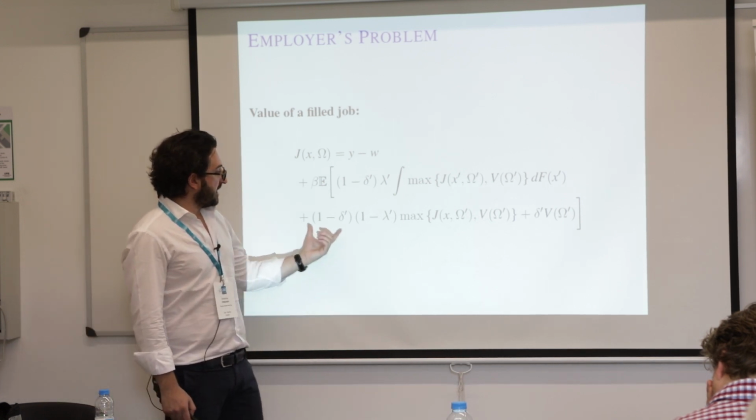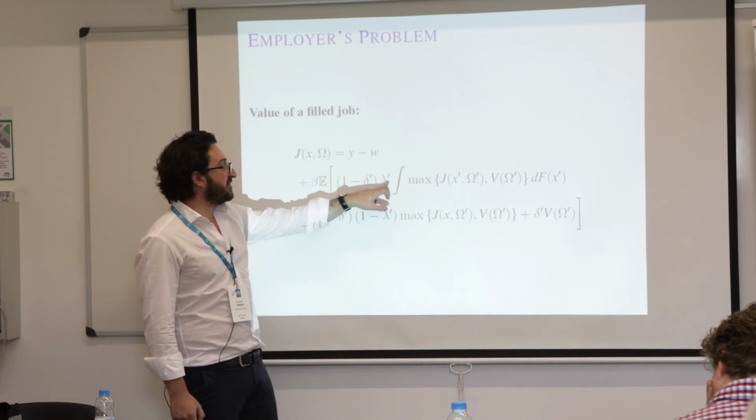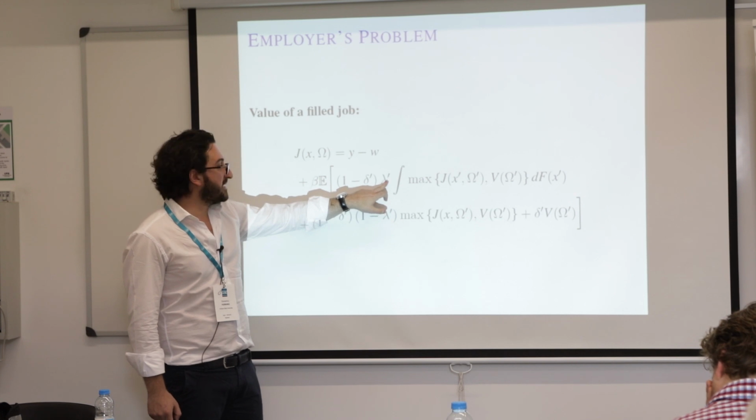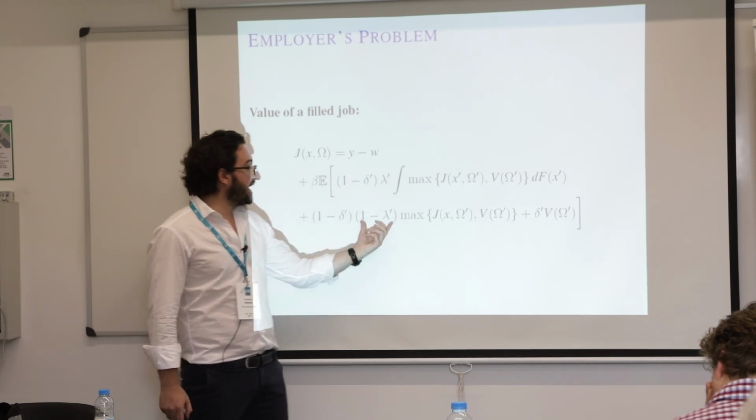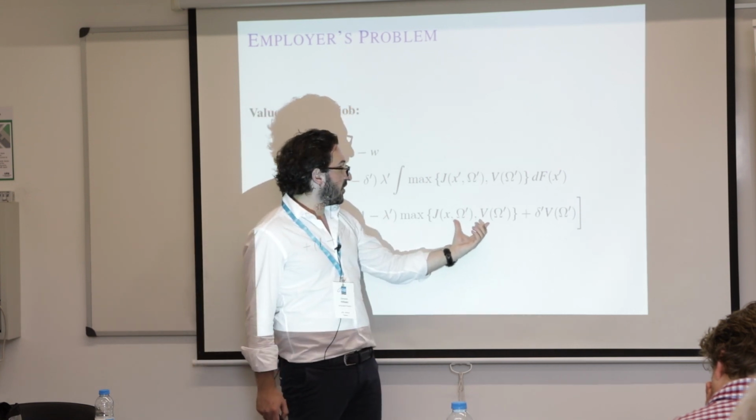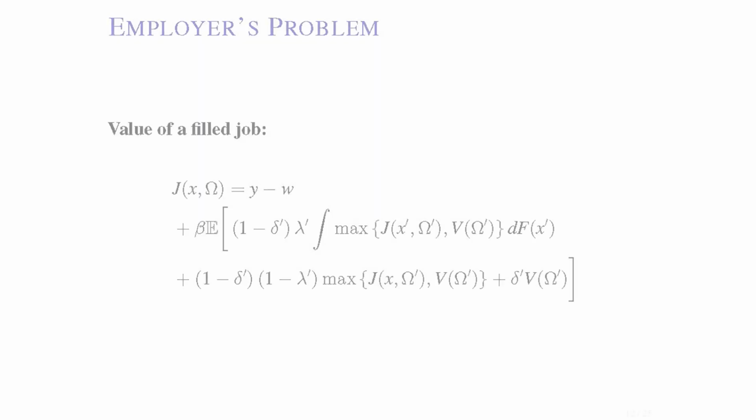Then with probability lambda, that's if x changes, right? If the job is not destroyed, then x doesn't change. Then again, the employer compares the value of a job versus the value of posting a vacancy.